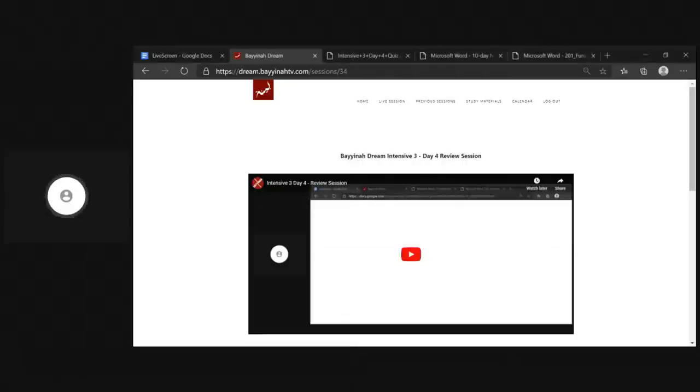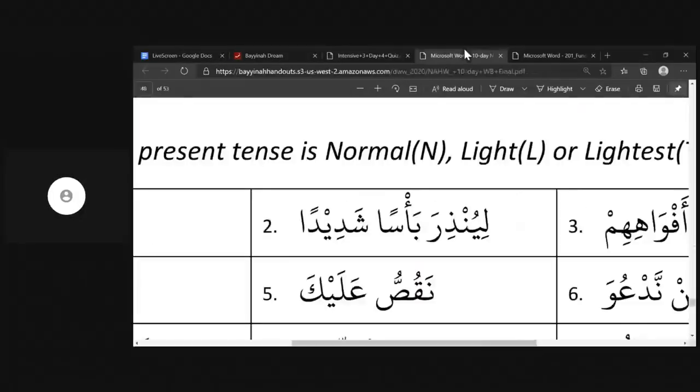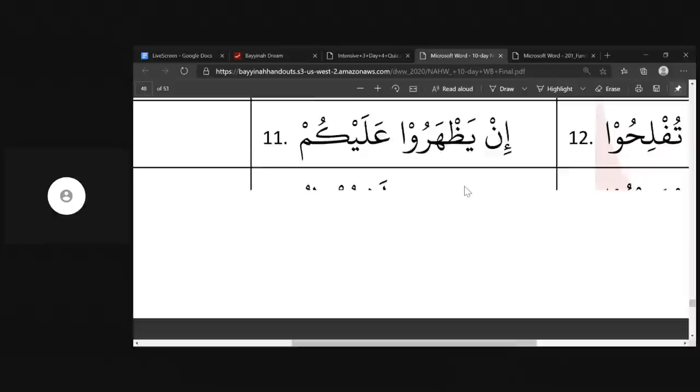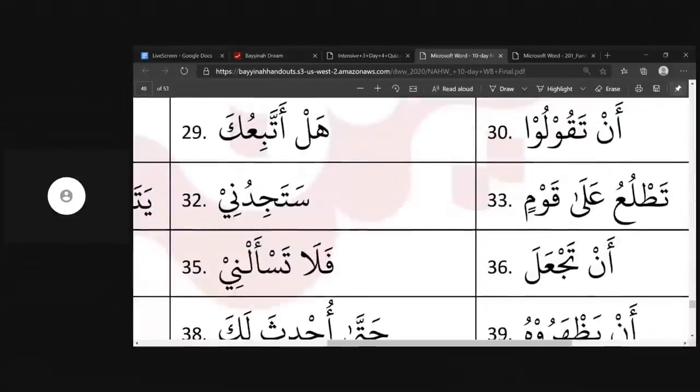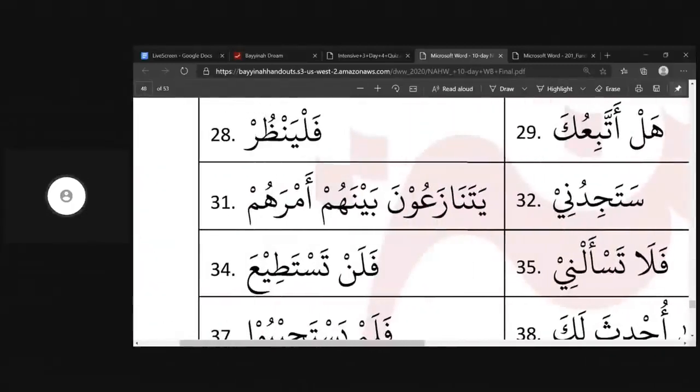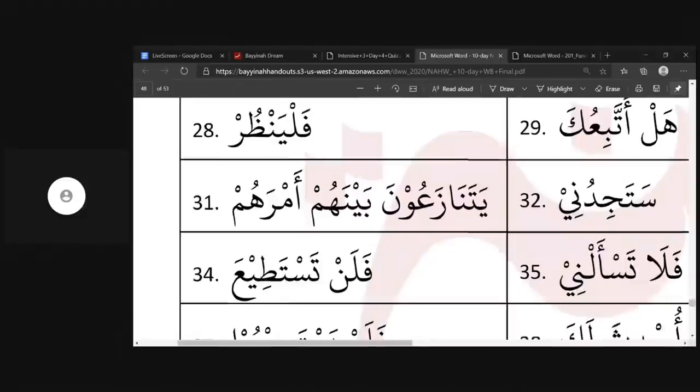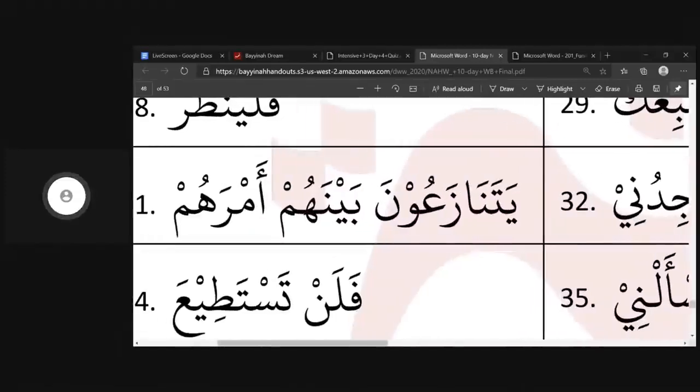Number 31 on page 48. Bainahum is idafa, we can ignore it. Amrahum is idafa, we can ignore it. We're only looking at the first word, yatanaza'una. We know that ya plus una is a fi'l combination, right?